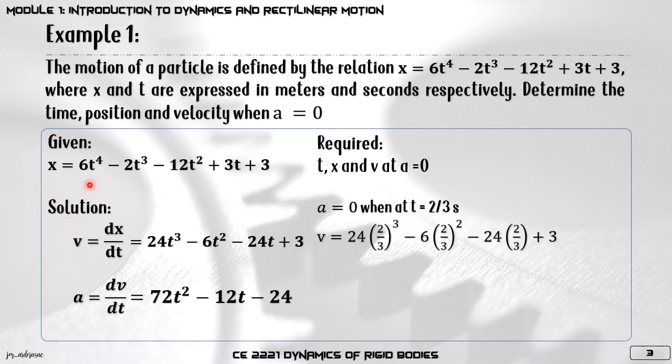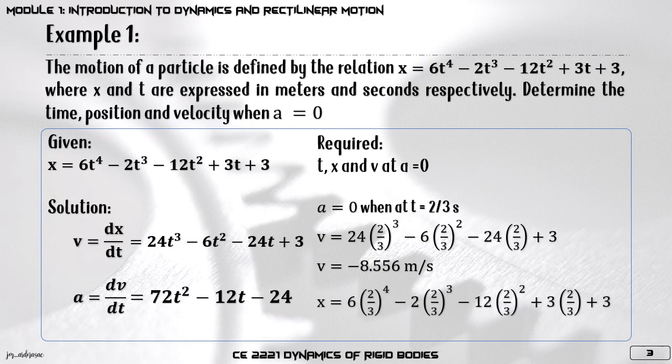So let's start with the velocity first. Substituting the value of 2/3 in the equation, we will get a velocity equal to negative 8.556 meters per second. And substituting the time t equal to 2/3 in the equation of position, we will now get a value of x equal to 0.259 meters.